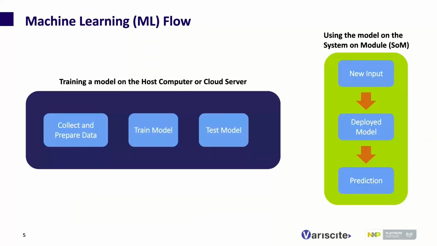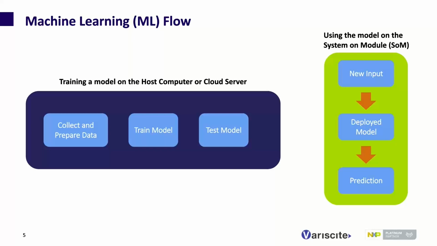So this is basically how machine learning works. This is the flow. We have basically two steps. One step we do on our computer and the other one we do on the embedded device. On our computer, we need to train a model. So we collect data. We can collect several pictures of anything we want. And we use an algorithm from deep learning.